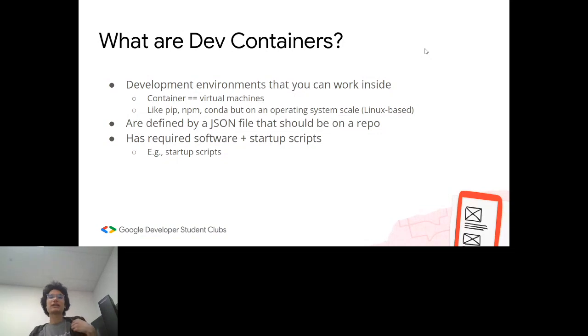A good analogy would be to compare it to things like pip or npm or conda. If you don't know what those are, say you're writing some Python and you want to make a web app. So you might install this thing called Flask. You don't need to know what Flask is. All you need to know is it's some code that some other person wrote, and it lets you write web apps.